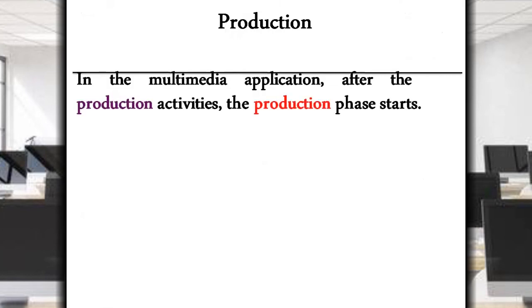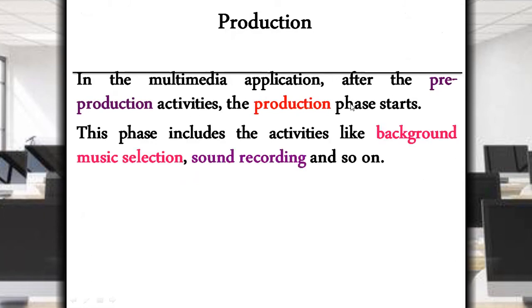What is production? In a multimedia application, after the pre-production activity, the production phase starts. This is the final process of building the multimedia product, where in this phase, background music selection, sound recording, and several activities are done for the multimedia project.